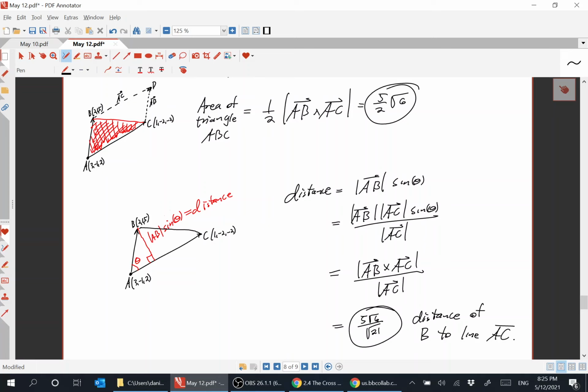And so that distance is this perpendicular. Anyway, you'd have to calculate a whole new cross product for that. So I think this is more so what they meant. That's not what the question asked, but this is fine. Okay, so this is the distance of B to line AC, because it uses stuff we already know. If we were to do the other one, it would be using a quantity we don't know already.